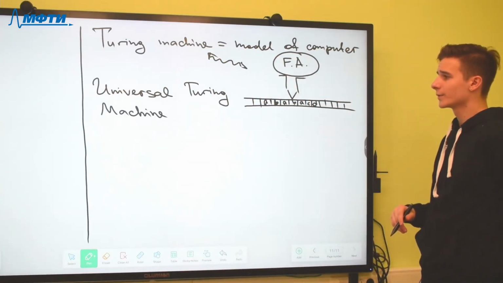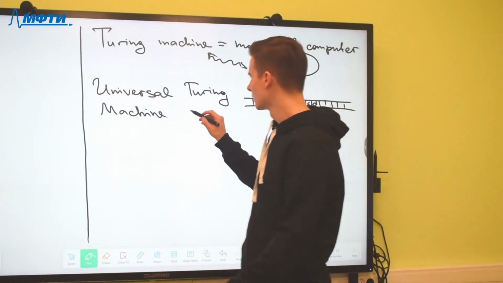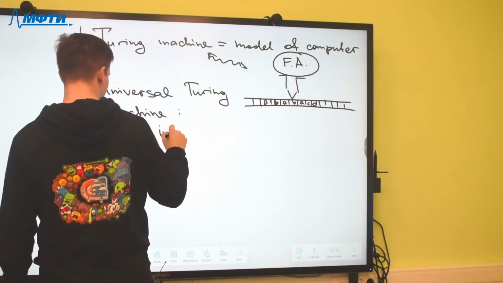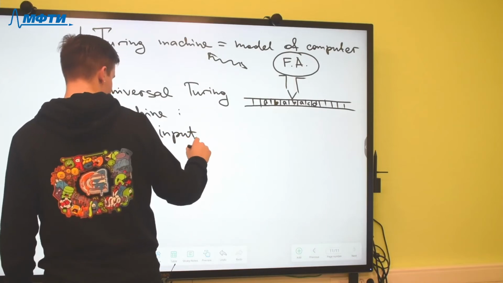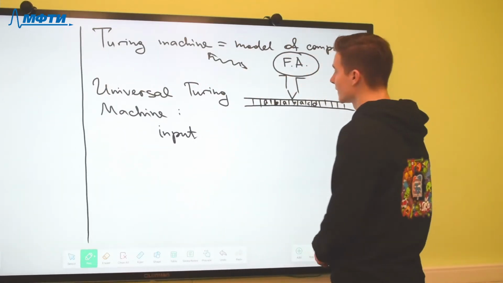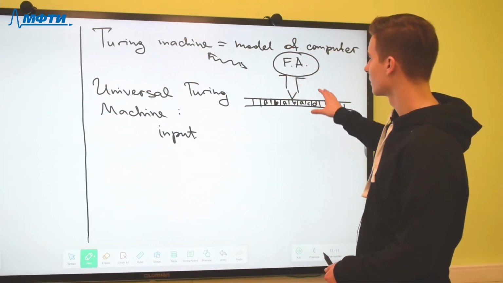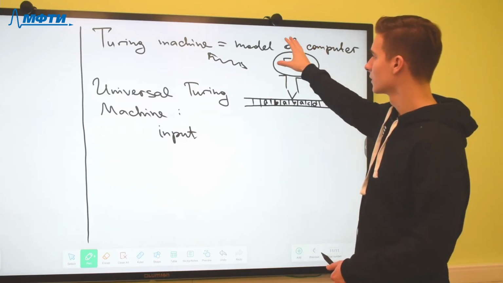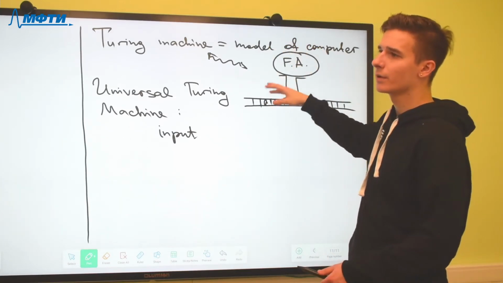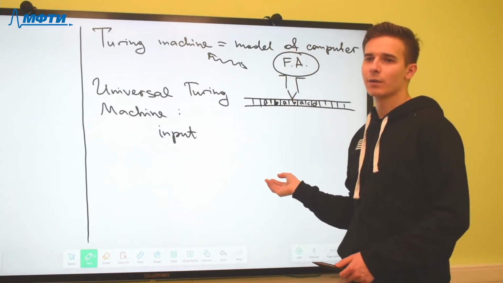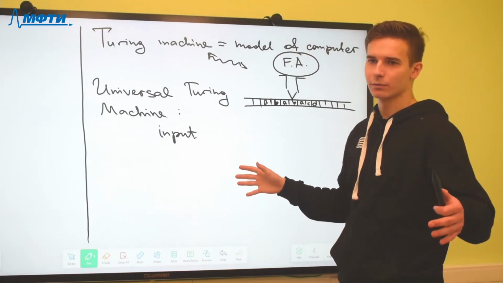We know that a Turing machine is a mathematical model, so we can express it with a binary string.